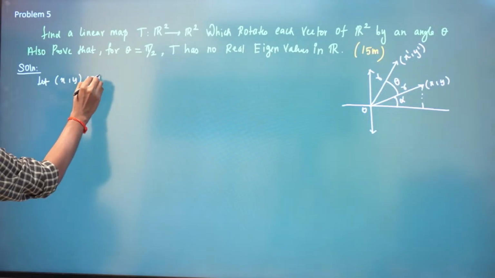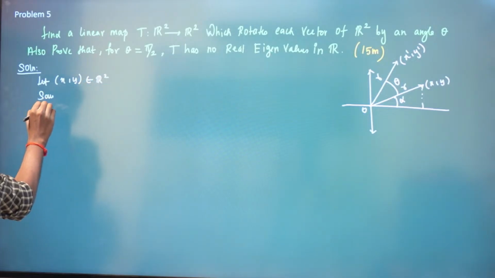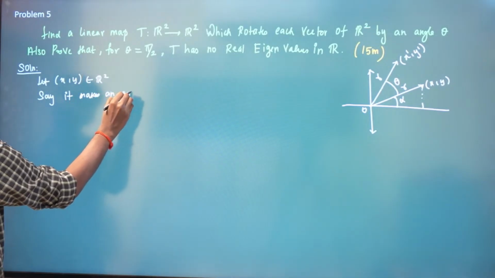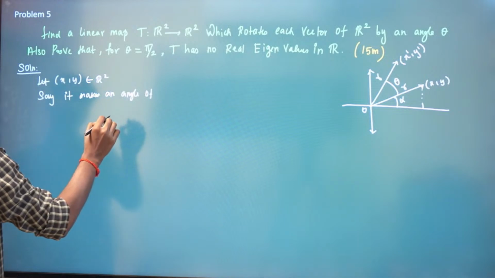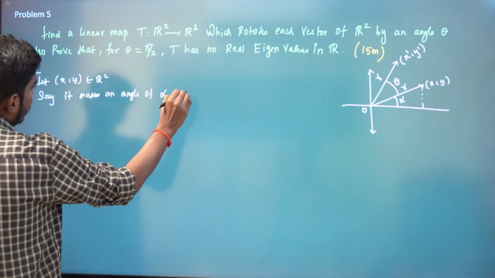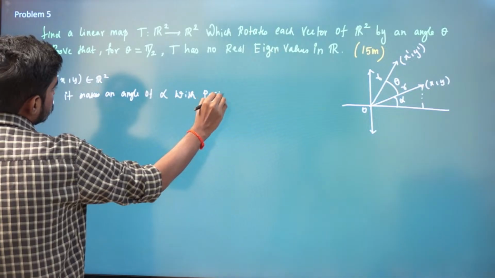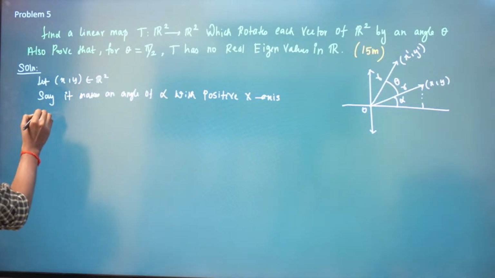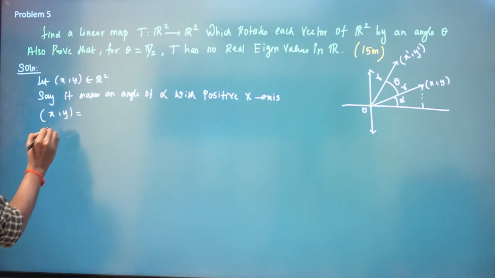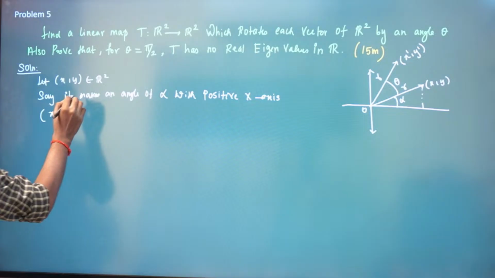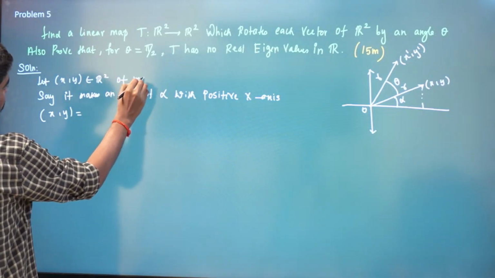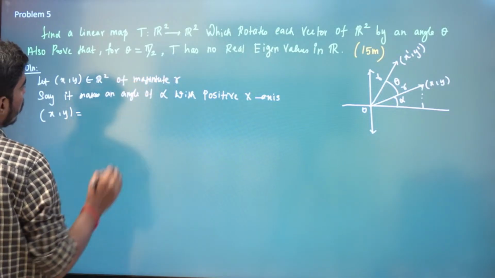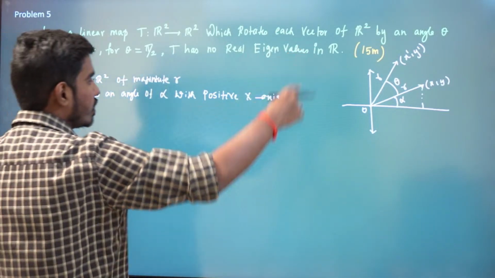Let us take x comma y belongs to R2, and let us say it makes an angle of alpha with the positive x-axis, of magnitude r, that is, the length is r.